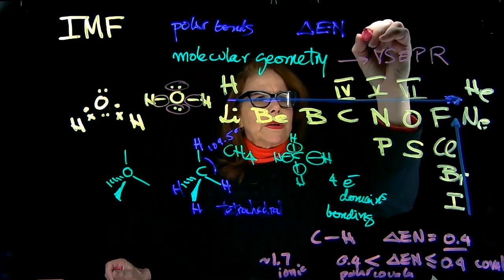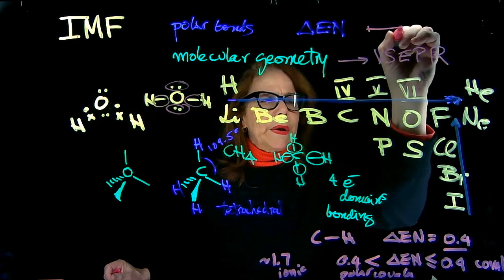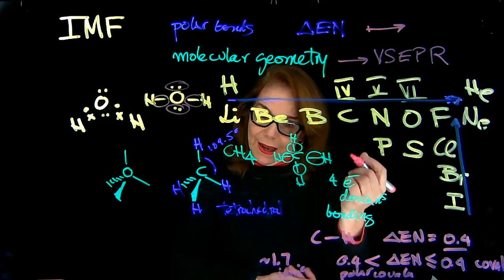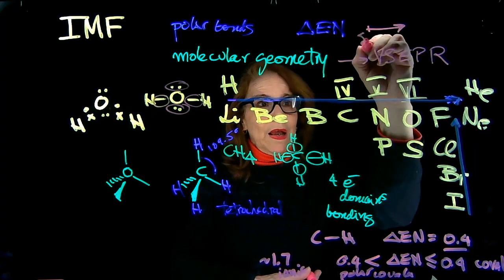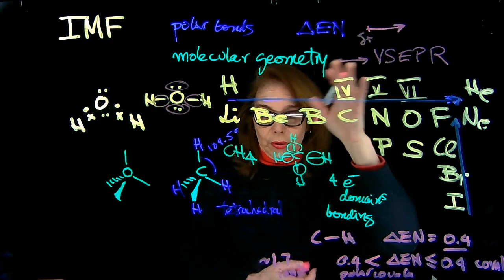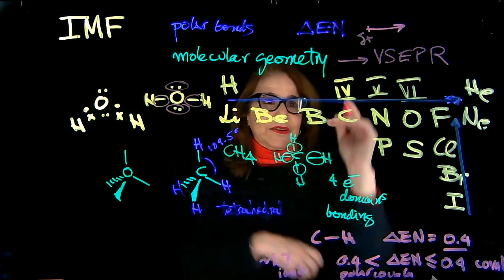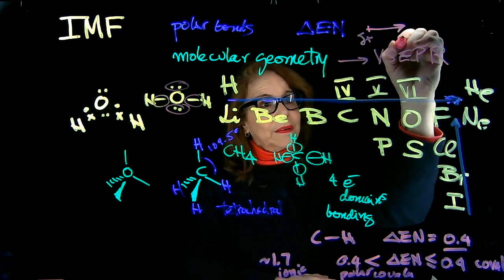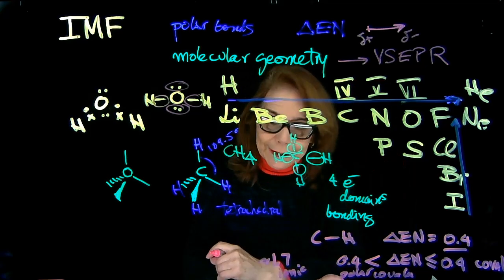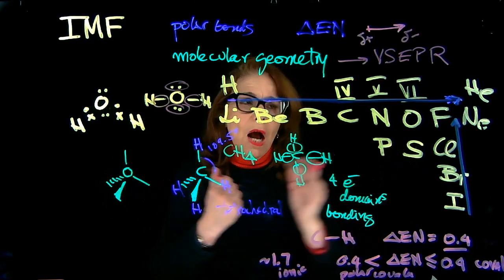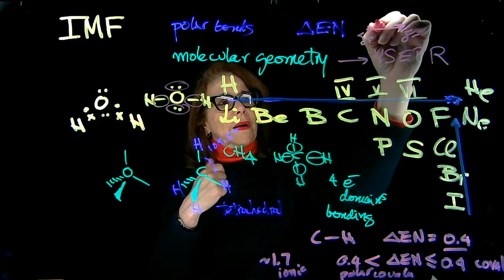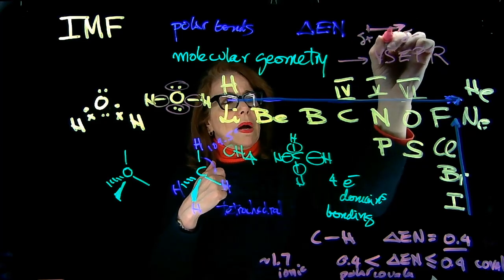Polar bonds, we're going to illustrate by drawing an arrow. That arrow is another way of saying that there is a part of the molecule that will be lacking some electron density, and we'll say this is delta positive, and another portion that will be delta negative. That is how I illustrate that my bond is polar.